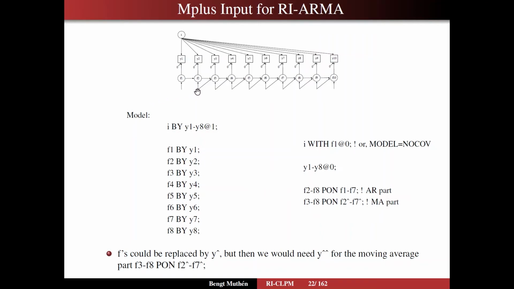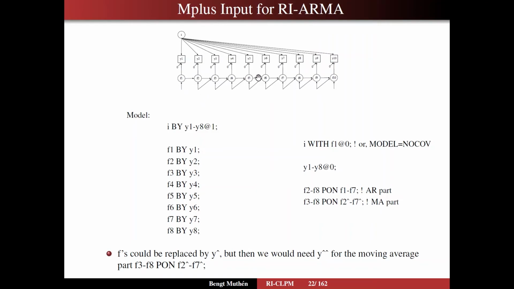And we note that we do not regress f2 on f1 hat, because f1 hat here is the same as f1 because there's no other variable influencing f1, whereas f2 is influenced by f1 and the residual, so f2 is different from the residual, but that's not the case here. So we do not say f2 on f1 hat because it would be the same as f2 on f1.